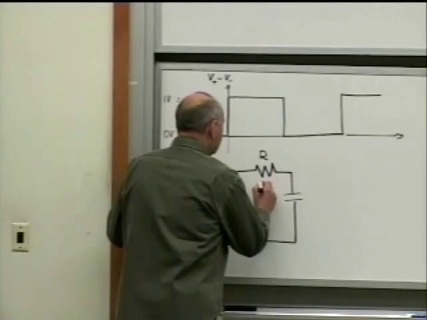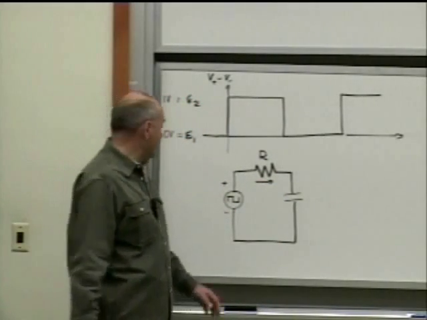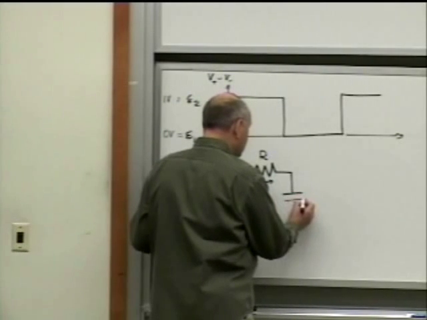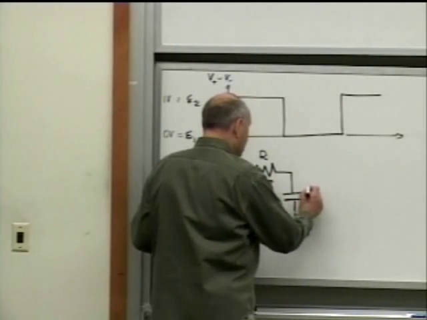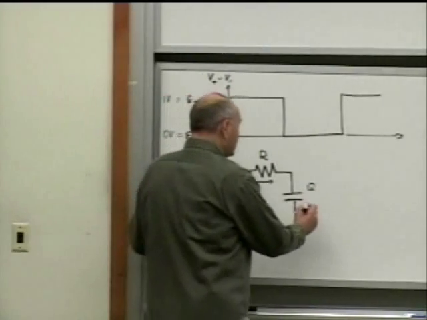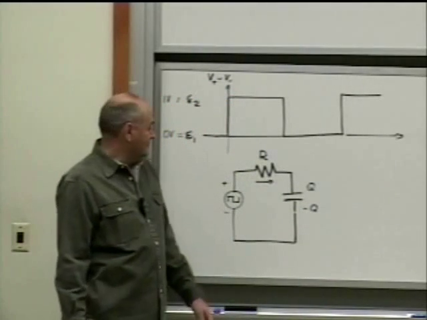So let's say that I will mark the current in this direction, although it's arbitrary, and I have to think about which charge I consider on the capacitor. So I will say that the charge on the top plate is Q, and the charge on the bottom plate then will be automatically minus Q.